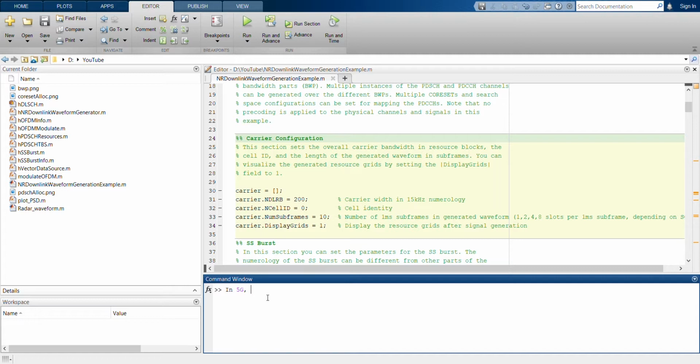You can have either 15, 30, 60, 120, 240 or 480 kilohertz of subcarrier spacing. So in this one, you have to define the bandwidth of your 5G signal.